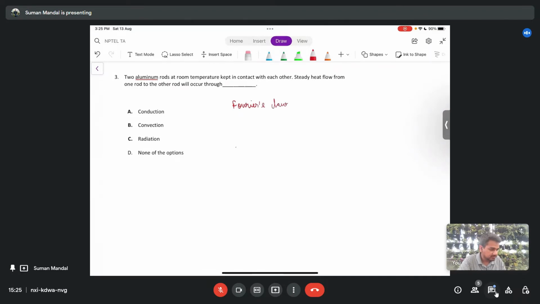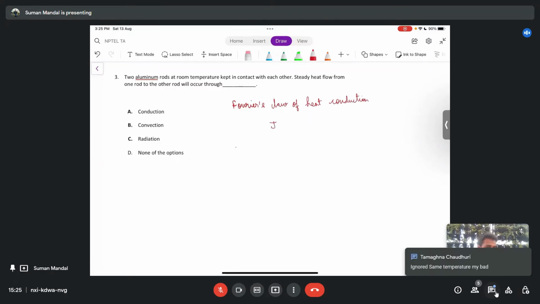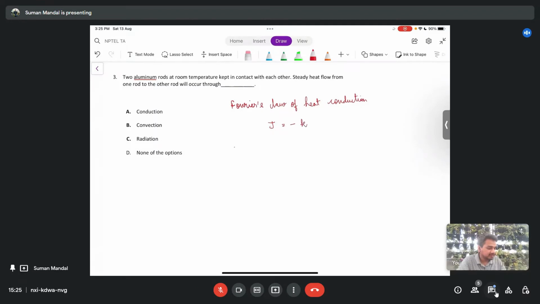So we have Fourier's law of heat conduction, which says that the heat flux is given by minus k dT by dx.